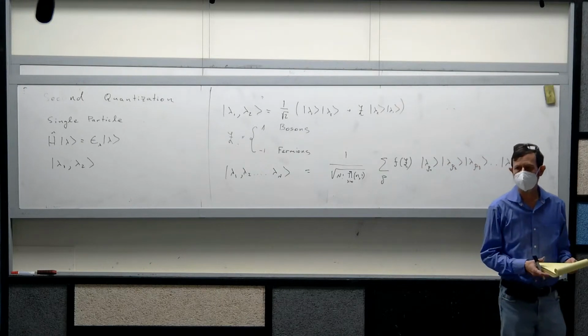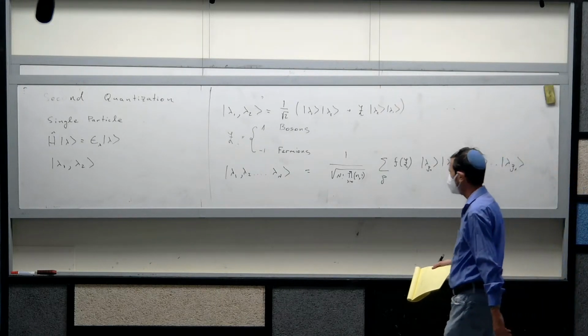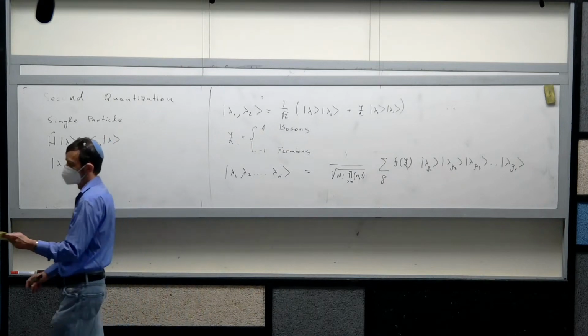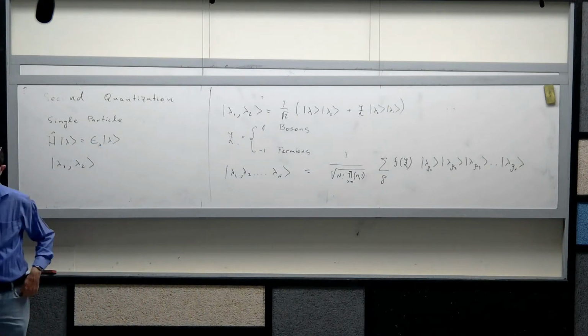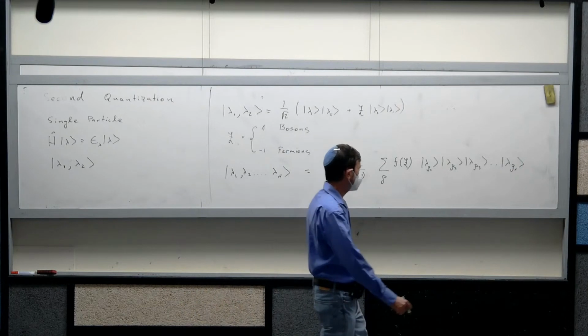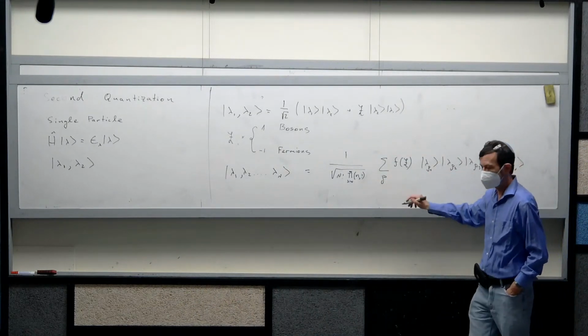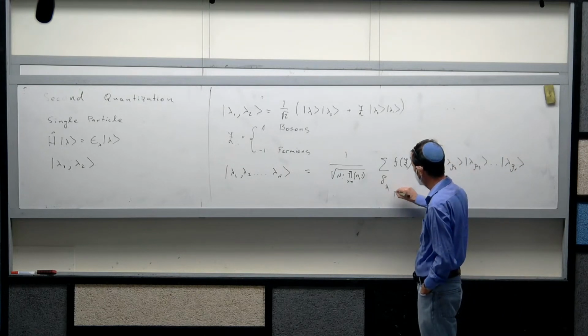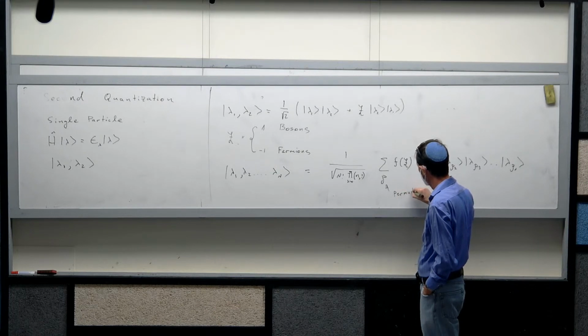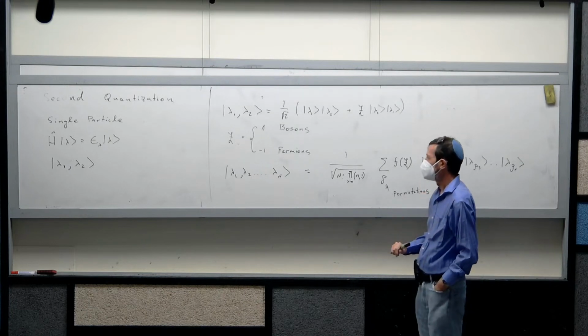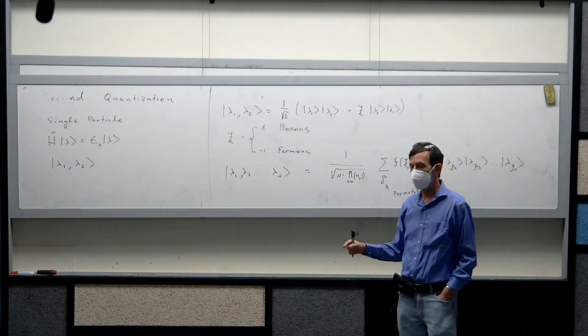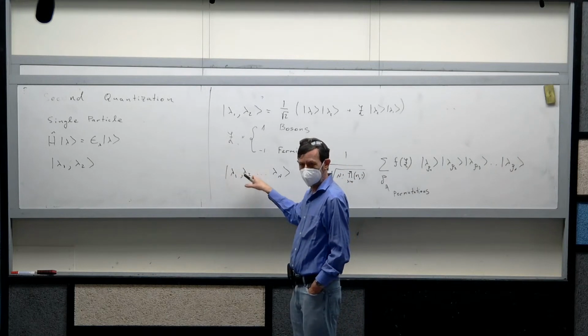Okay, so what is this monster? It's telling me a very simple story. Write all of the permutations. The row here are permutations putting my n particles into these different states.